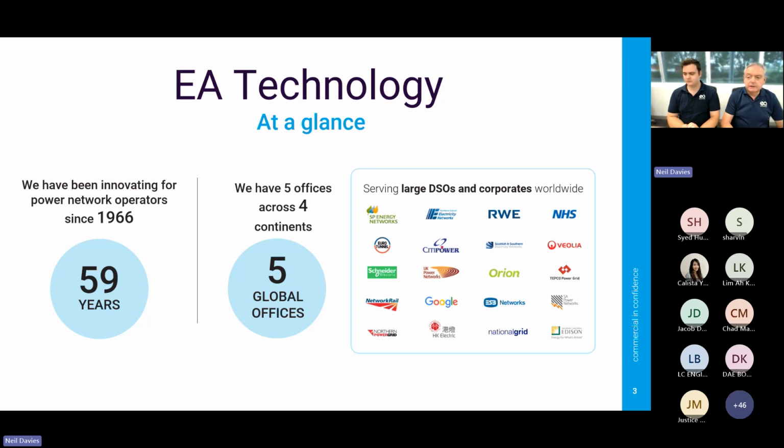We have 5 offices, still headquartered in the UK, with global offices in the United States, Singapore, China, and here in Brisbane, where we've been for the last 12 years. We work with the same sort of companies across the world, all the large utilities and power users. So we know the networks pretty well, and that's really what we're going to talk about today.